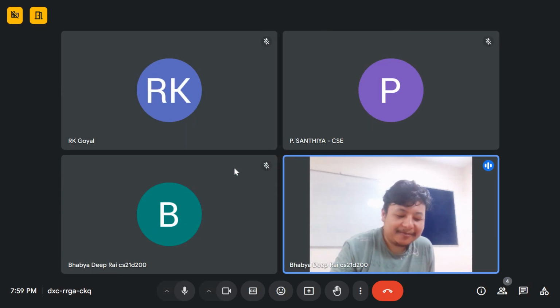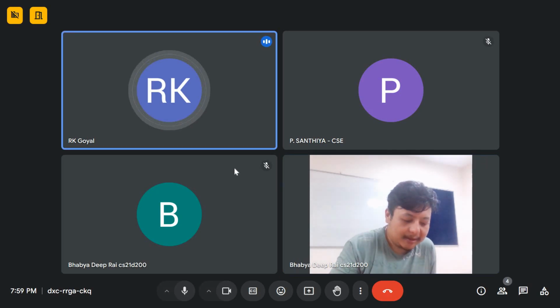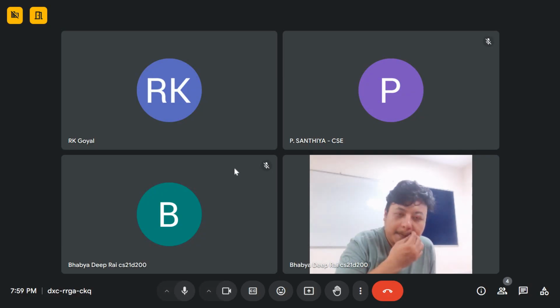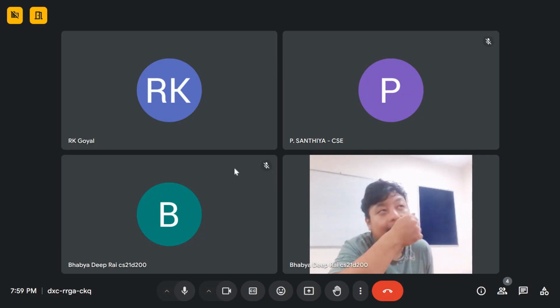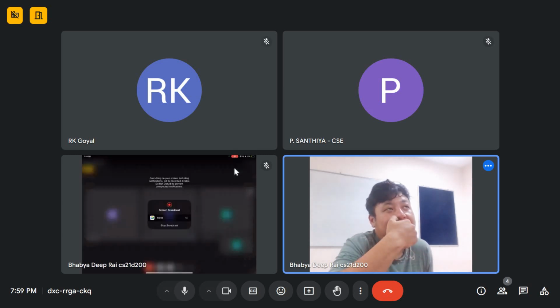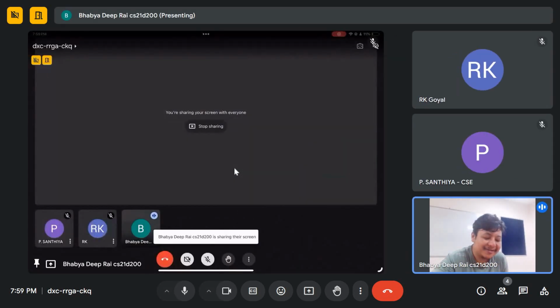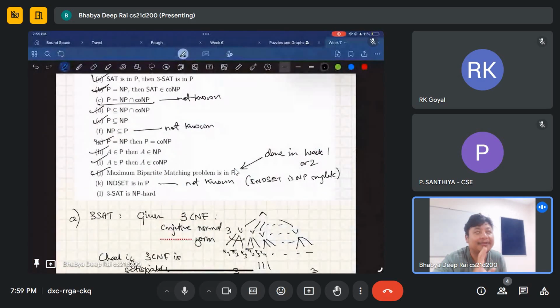If I tell you that there is a language in NP which is not known to be NP complete, will it prove a separation? It's not known, but even if it is known, it won't show that P is not equal to NP, right? Because it will just show that NP complete and non-NP complete are disjoint.